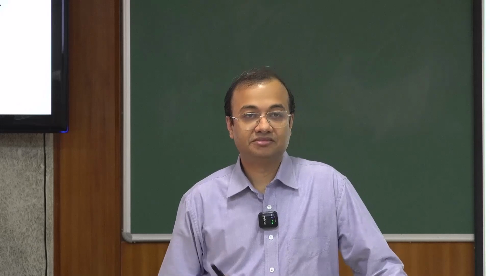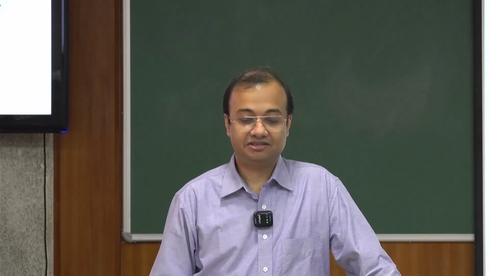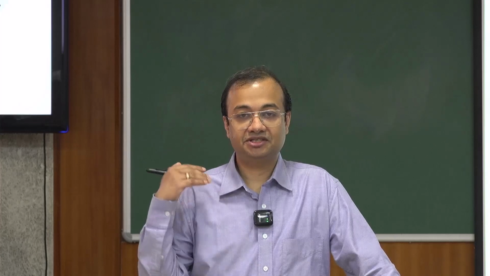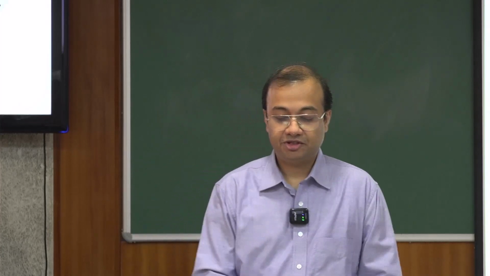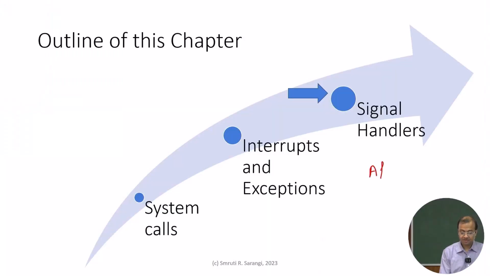So we'll start this lecture on signal handlers. We will see that signals are very different from what we have discussed in the past. In the past, we have discussed system calls, interrupts and exceptions, which were means for the application to send something to the OS, to send either a command or some information to the OS.